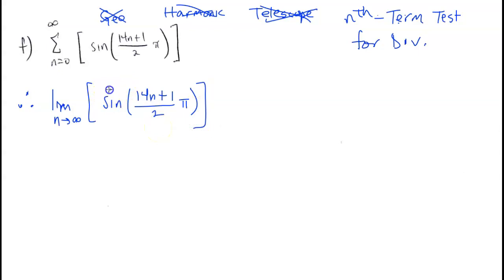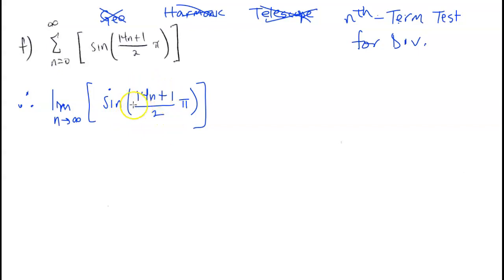Now, to do that, notice that this sequence is actually a composite sequence. So it's a sequence of a sequence. And going back to Calc 1, we know that sine is defined for all real numbers.